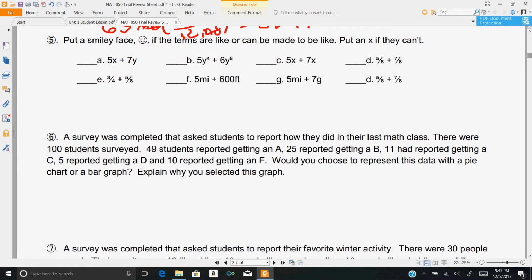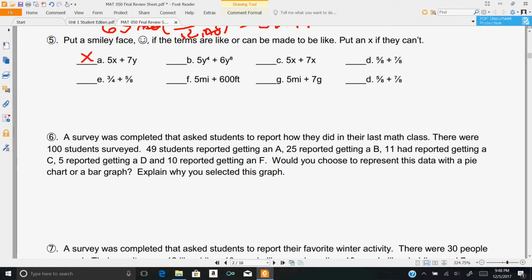So we have to treat them like they're different. We cannot add those terms together. We might have an expression, but that tells us to add two different things. We can't add them up, and we can't add the 5 and the 7 because they're multiplied by different things.